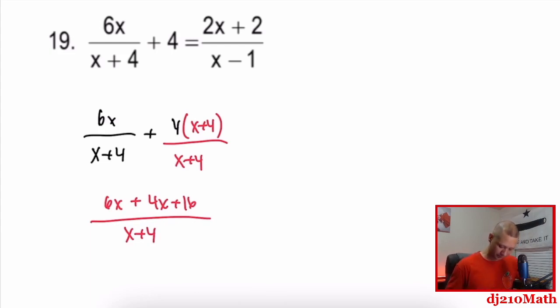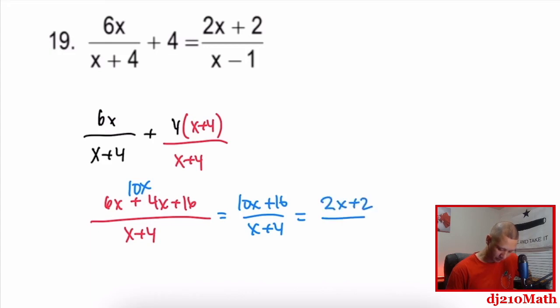Combining like terms, that's going to be 10x, right, 6 plus 4 is 10x. So 10x plus 16 over x plus 4 equals the right hand side. 2x plus 2, x minus 1.